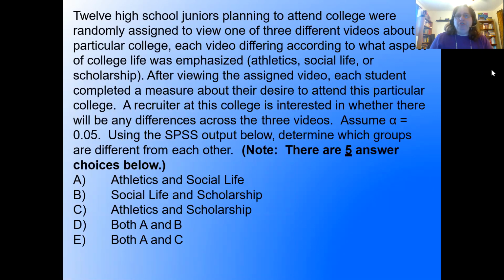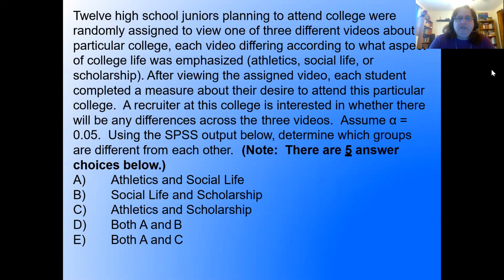12 high school juniors planning to attend college were randomly assigned to view one of 3 different videos about a particular college. Each video differed according to what aspect of college life was emphasized: athletics, social life, or scholarship.